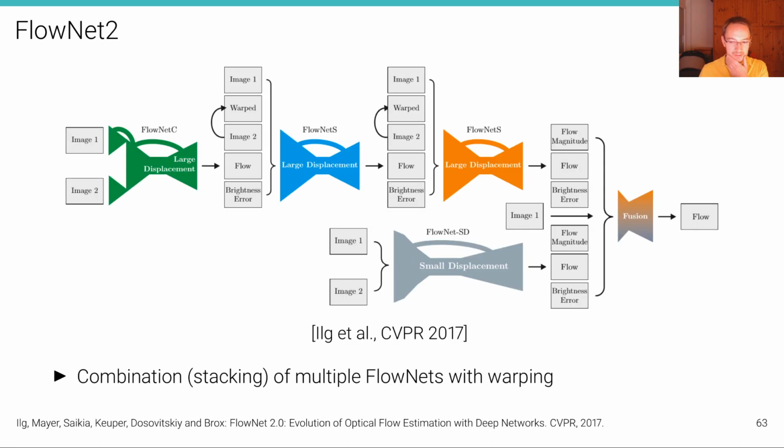And then a more recent reincarnation of the FlowNet is called FlowNet 2. That's a combination, basically stacking multiple FlowNets with warping. So it's also, again, using classical ideas from the optical flow literature, in this case warping and stacking, that also help in the deep learning era.